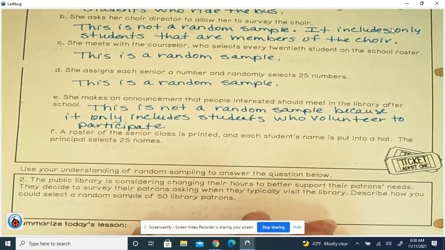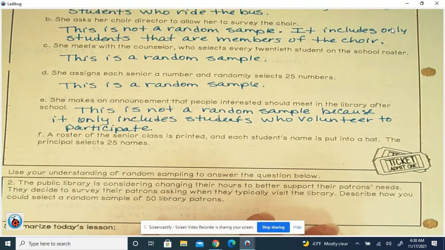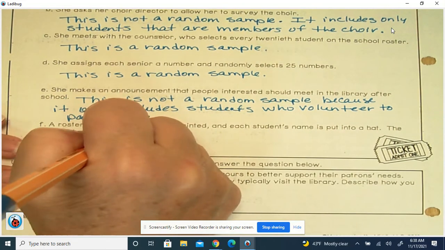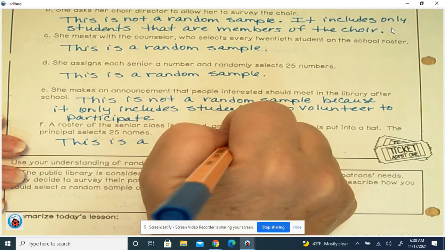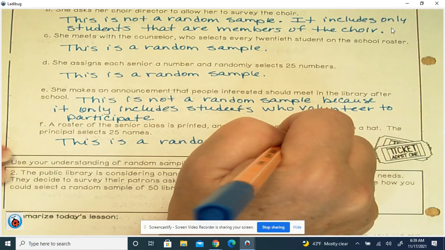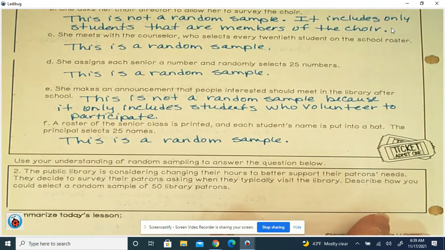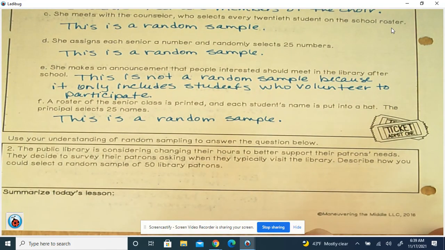The last one, a roster of the senior class is printed and each student's name is put into a hat. The principal selects 25 names. This is a random sample because every senior had the opportunity to be selected. Use your understanding of random sampling to answer the question below. Number 2, the public library is considering changing their hours to better support their patrons' needs. They decided to survey their patrons, asking when they typically visit the library.